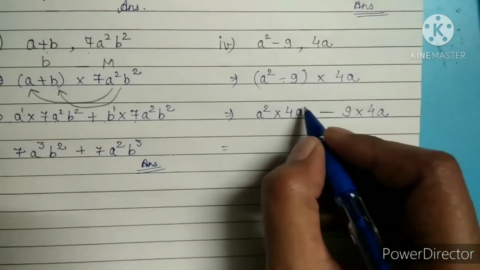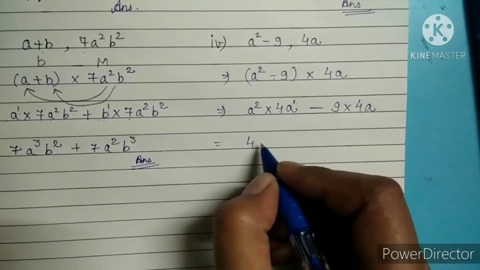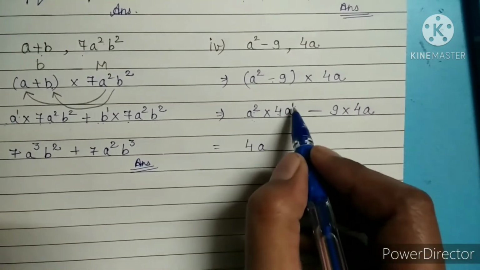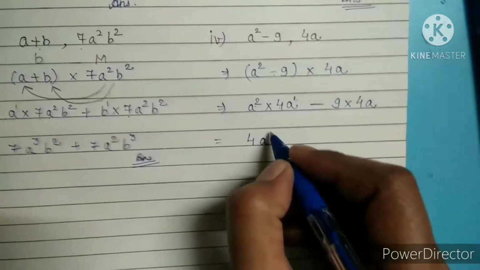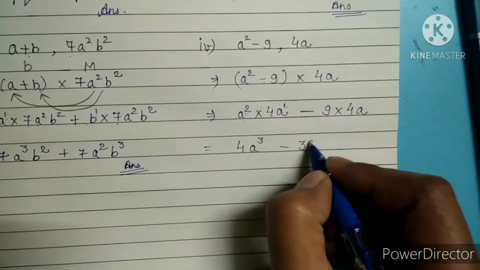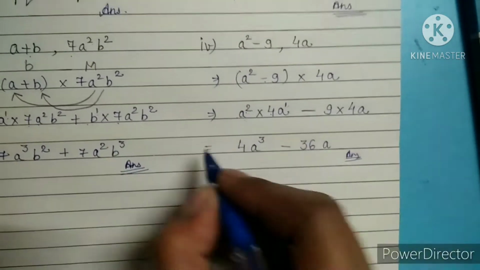Variable is same. Here is power of a 1. 4 1 is 4a. a square, a is to power 2, a is to power 1. So 2 plus 1 is 3, minus 9 4s are 36, a as it is. So this is our answer.